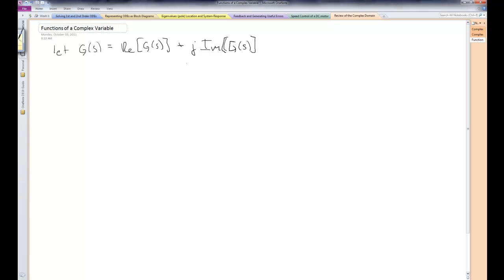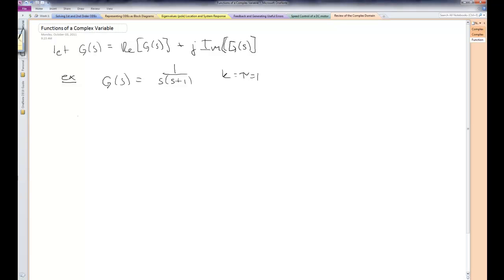As an example, let's say that g of s is equal to 1 over s times s plus 1. This looks kind of like the DC motor model with k equal tau equal 1. But it's just some function in general. I could have an s up here, it could be s squared, whatever. We're going to look mostly at rational polynomials in s, but we'll see that today in class.